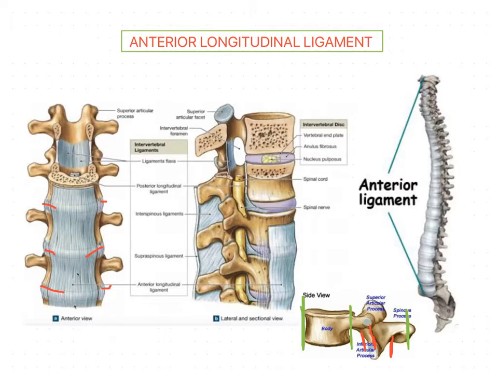The anterior longitudinal ligament runs along the anterior as well as the lateral surfaces, so here we will find the anterior view and the lateral view. It runs along the anterior and lateral surfaces of the vertebral bodies from the sacrum to the second cervical vertebra, C2.